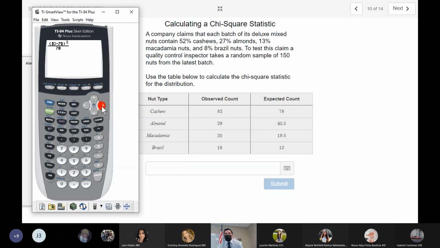Okay, so that was our observed minus expected squared divided by the expected, plus, do our next one, (29 minus 40.5) squared divided by 40.5.